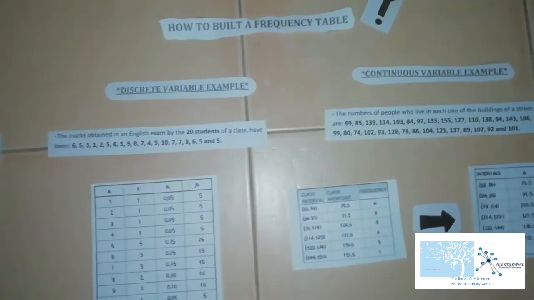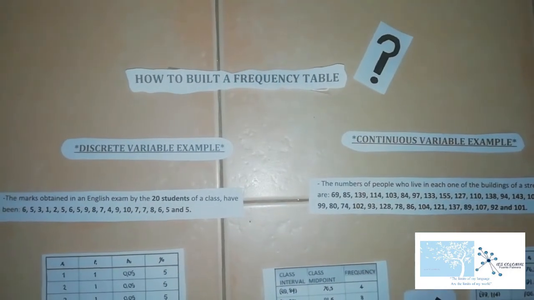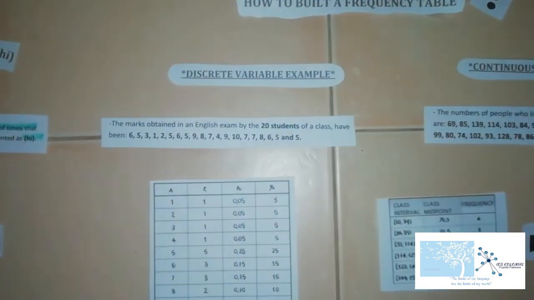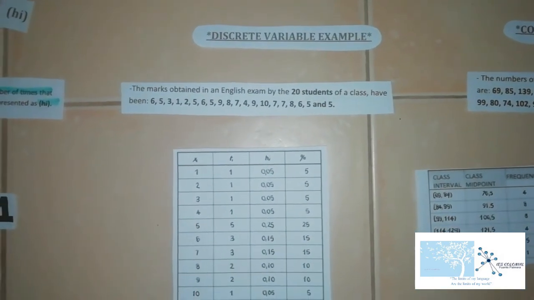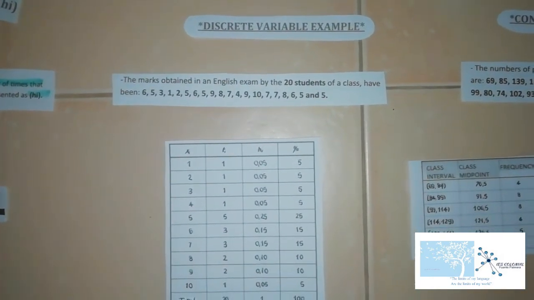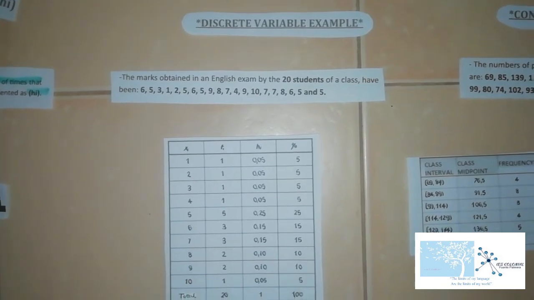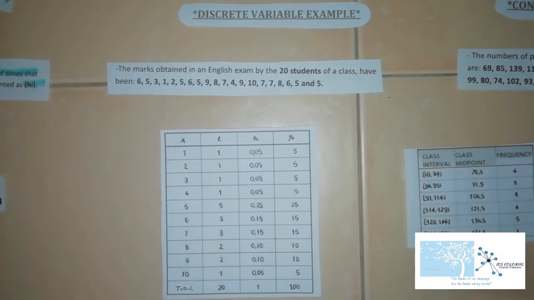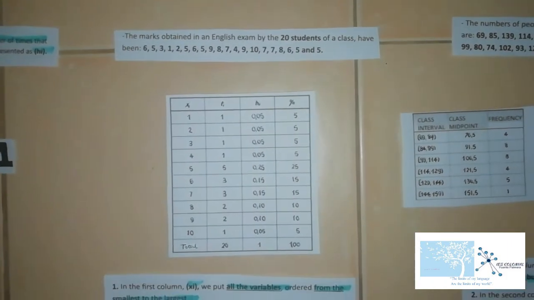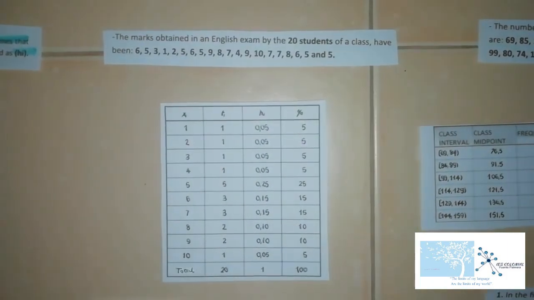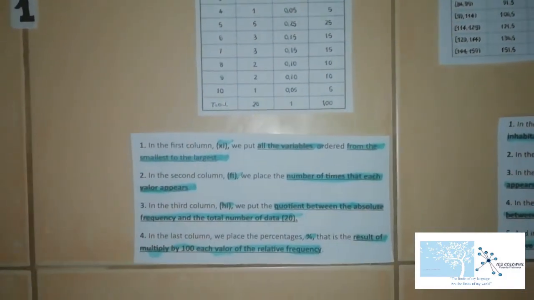How to build a frequency table? In a discrete variable example, we have the marks obtained in an English exam by the 20 students of a class. To make this table, we have to follow these steps. In the first column, xi, we put all the variables ordered from the smallest to the largest.